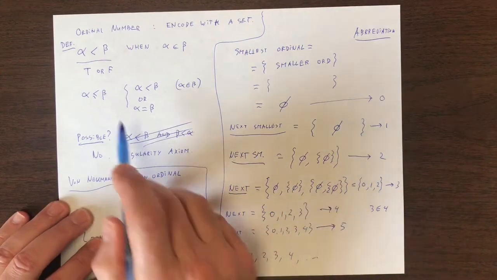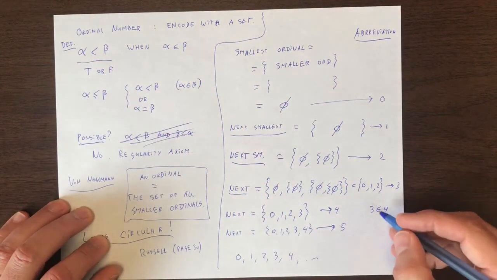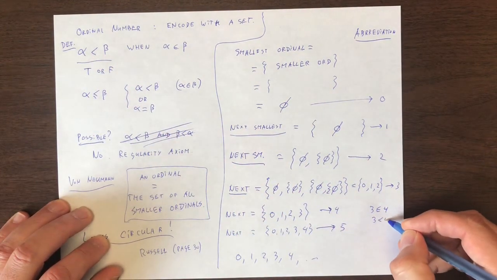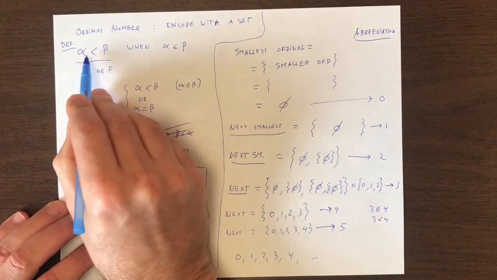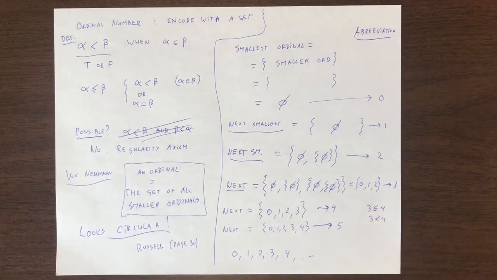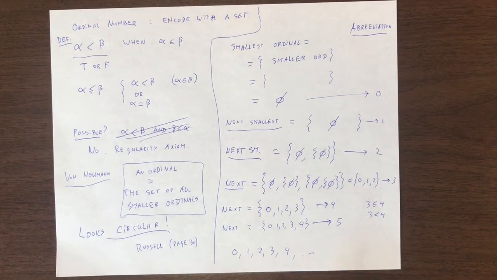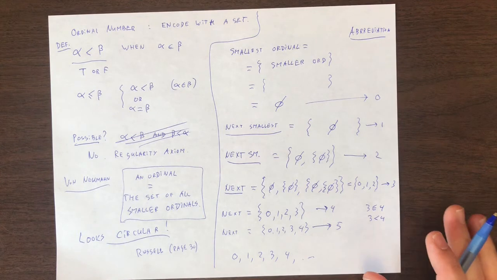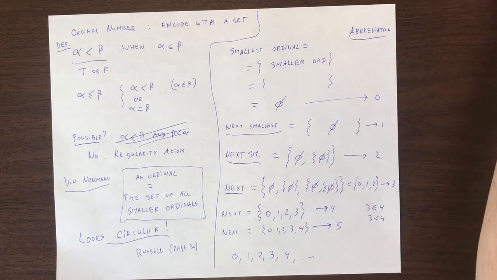So if we go with this definition, we get 3 is less than 4 according to this definition. So the definition works out exactly the way we want to. Okay, now here we have finite ordinals. Well, is there anything more than that?